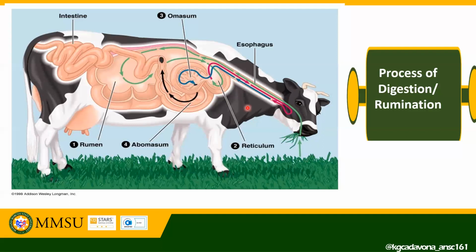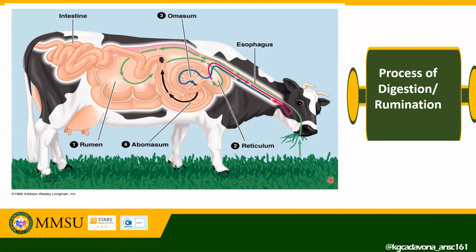Then after the esophagus, it will move to the first chamber, which is the rumen, kung saan nandito, as what I have said a while back, yung mga billions of microorganisms to help na ma-partially digest yung kinain ng ruminants. So yung tawag doon is cud, C-U-D. Kaya tinatawag natin na chewing of the cud. Kasi yun yung tawag doon sa partially digested na feed particles, cud.